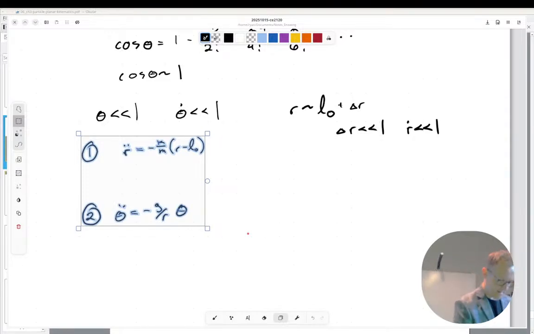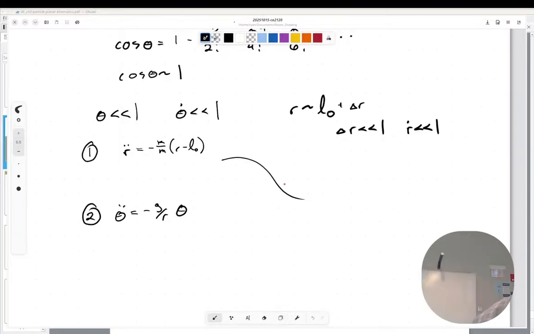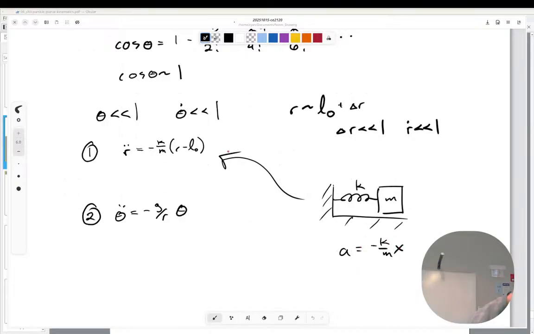That one last came up back in homework 1, where we came up with a is negative k over m x.